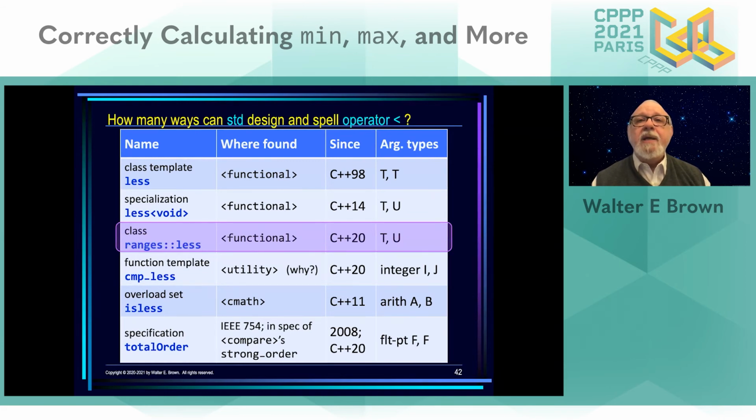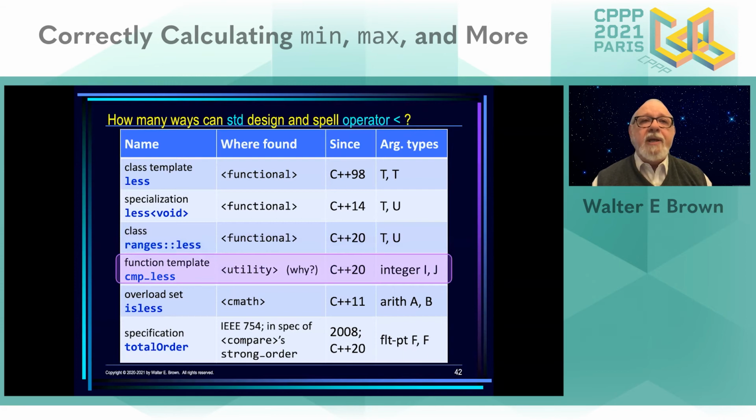At the same time, in C++20, we got a function template named cmp-less, which I pronounced compare less. We put it in the utility header for a reason which I can't understand. But it accepts any two integer types, I and j.